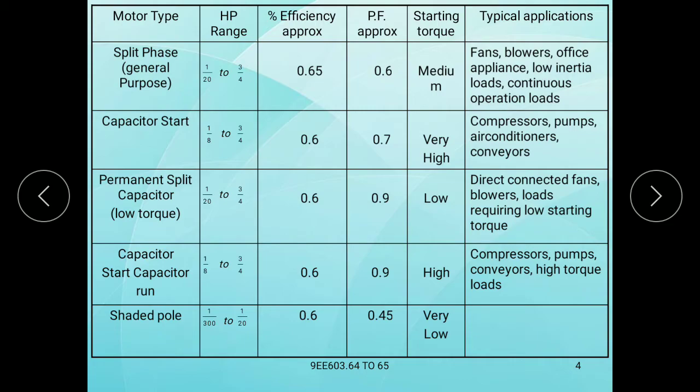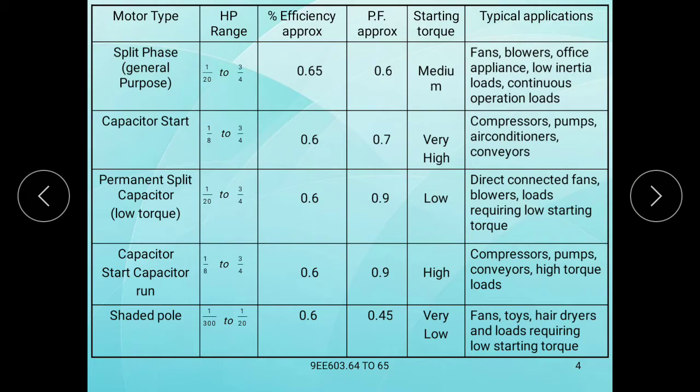Applications are fans, toys, hair dryers and loads that require low starting torque. This is the shaded pole motor.